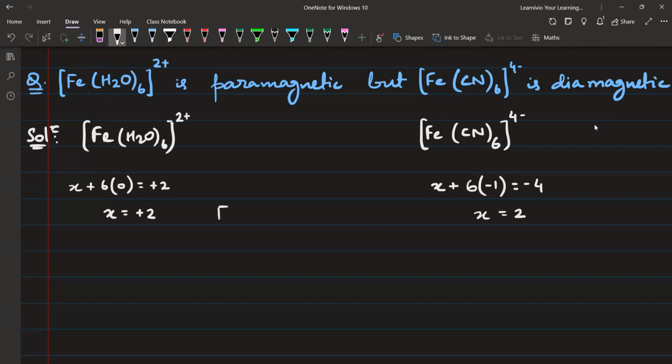So we can write the Fe2+ will have electronic configuration argon, 4s will be 0, 2 electrons are going to be removed, and 3d will be having 6 electrons. Now, obviously, in Fe(H2O)6, which is paramagnetic, there will be no pairing in this case.